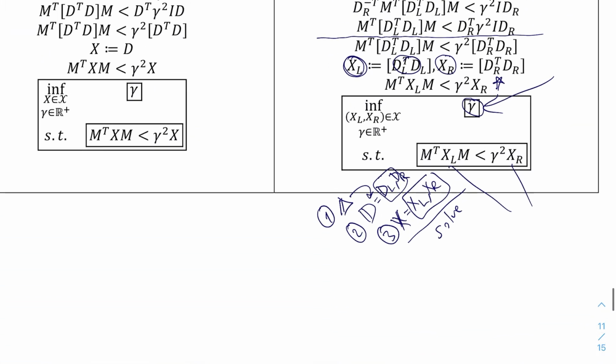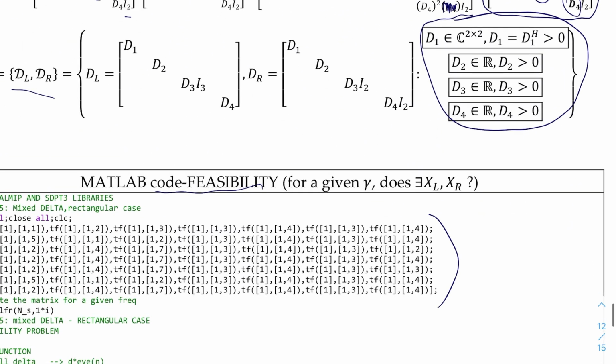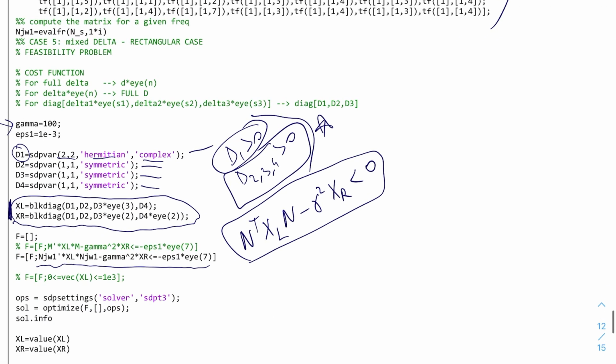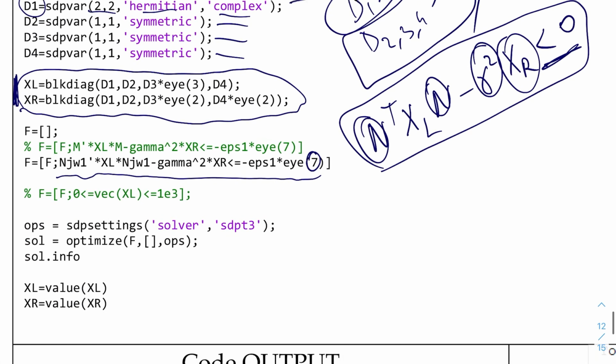Let's keep that in memory. Look at the structure, it's like the same. XL sandwiched between N's, and then minus gamma square XR being negative definite.